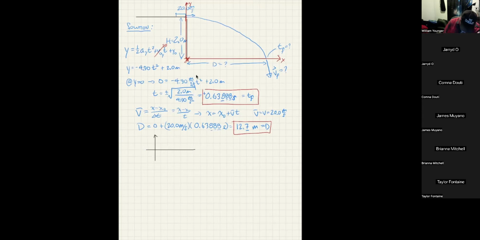What we're going to say is that the final velocity, v final, is what we want to know, but do we know either of these components yet? Do we know the x component or the y component of velocity?